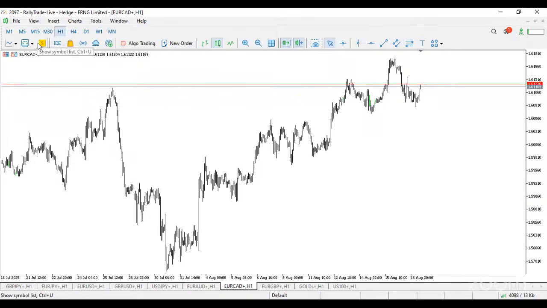Let's have in mind that later this afternoon, there is going to be news for CAD. At the moment, you can see a very fantastic uptrend leading up already. So this is a higher high, higher low, and this is a higher high. Now we have a clear higher low. Right?